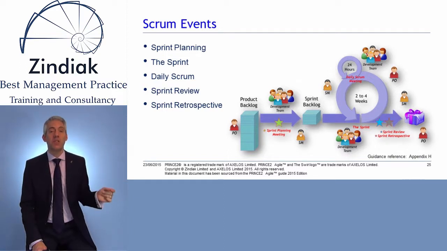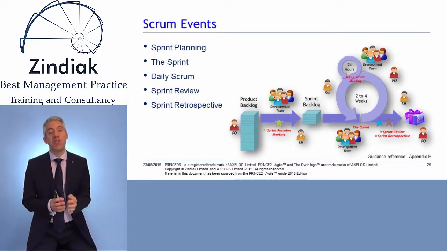And at the end of the sprint, we have effectively 2 reviews. We have the sprint review and the sprint retrospective. The sprint review is reviewing the products, the project products, that have been created by the development team during the sprint.